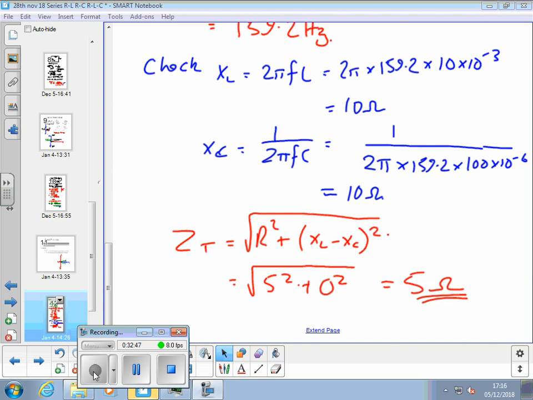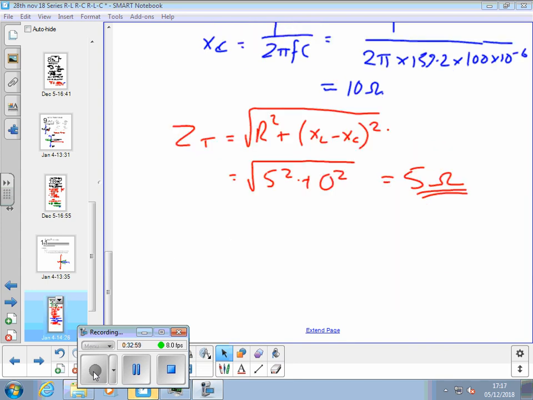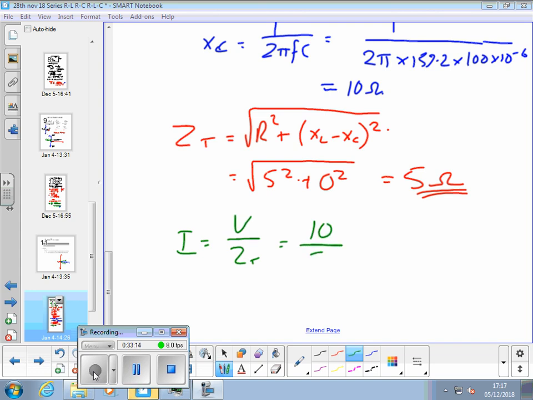So instead of 20 odd ohms, the resistance to current is now 5 ohms. So I is equal to V over ZT, so 10 volts over the 5 ohms equals 2 amps.